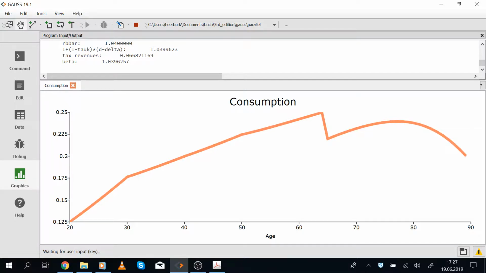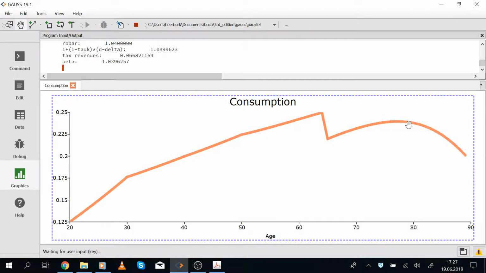This drop results from the utility smoothing behavior of the household. Remember that at age 65 leisure increases to 100%, labor declines to 0. So this increases utility, and to offset this effect and smooth utility over the lifetime, households decrease consumption.